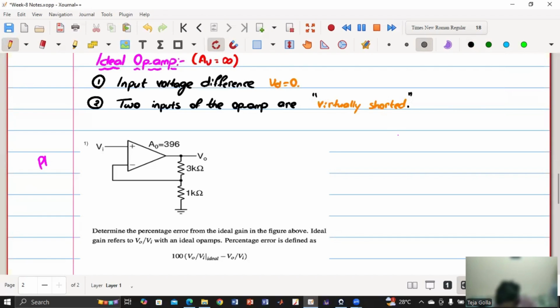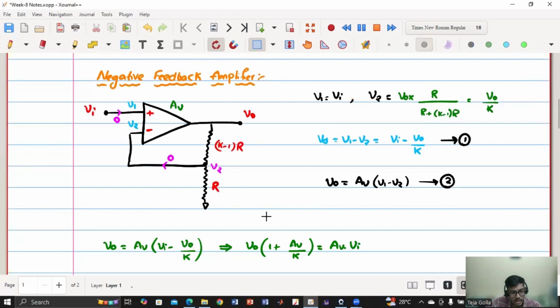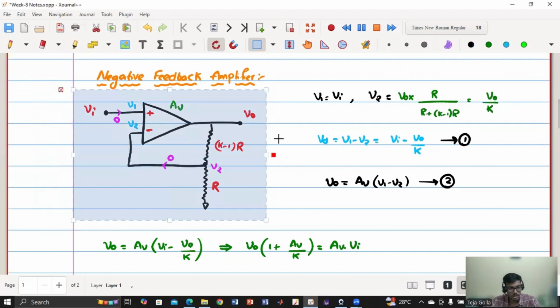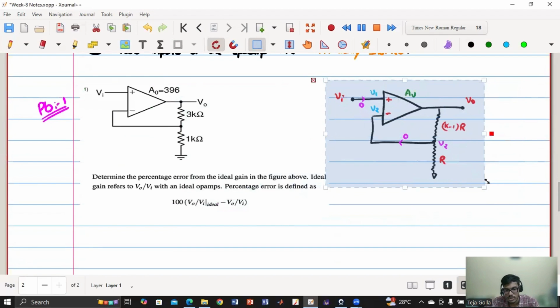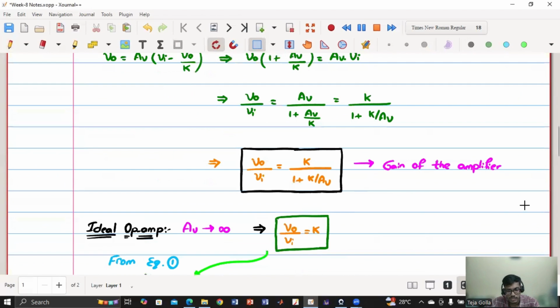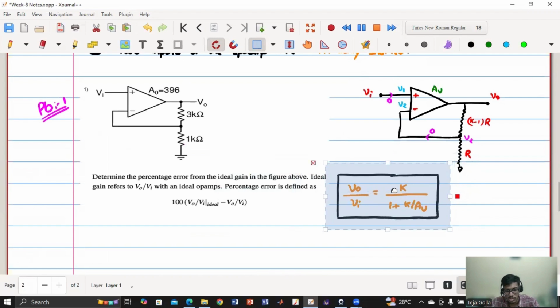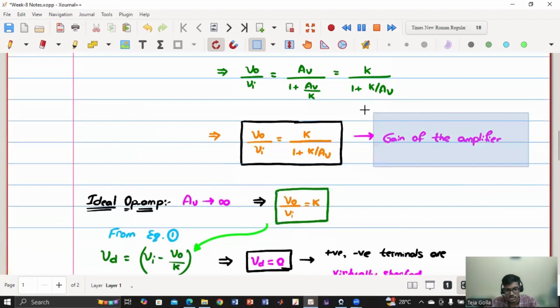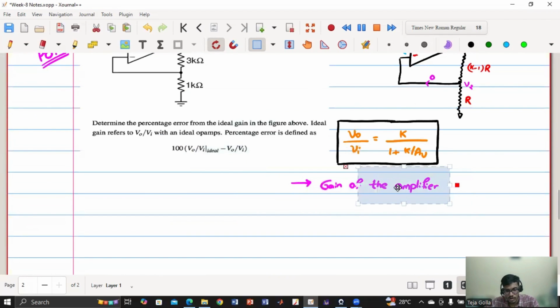Things are very simple. Let me use my own circuit and results. Control C and control V. So this is the circuit that I have considered while discussing the derivation. And this is the result that we have obtained. So we need not do the same thing again and again. So this is the gain of the amplifier, right? So this is the gain of the amplifier.